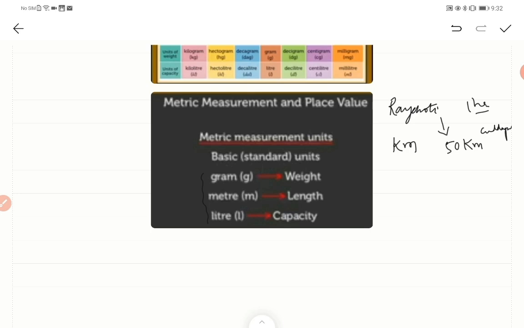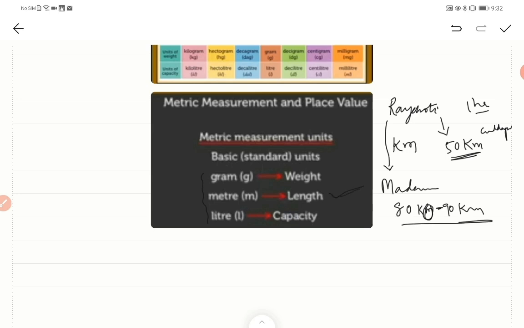And Raichoti to Madanapalli is almost 80 to 90 kilometers, maybe. So the meter is the basic unit of length.